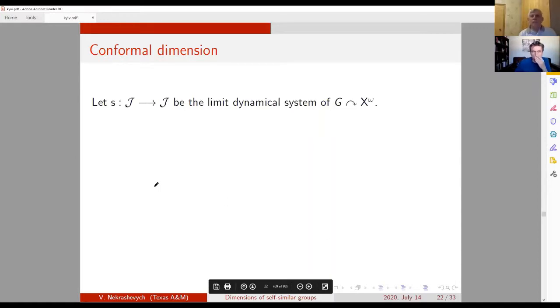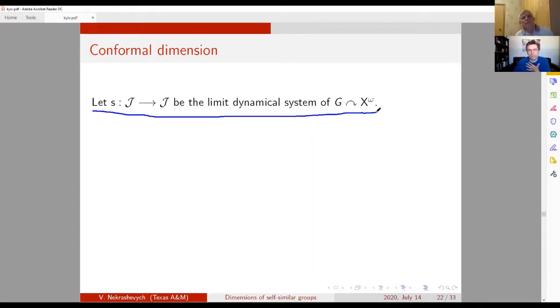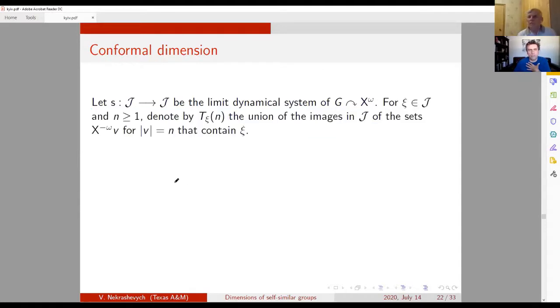Okay, I will talk quickly about something called conformal dimension. So take the limit dynamical system of some contracting group. Remember that the limit space is the quotient of the space of left infinite sequences. So consider the subset of X^{-ω}, the set of all infinite words with a given suffix, a given ending of length n.